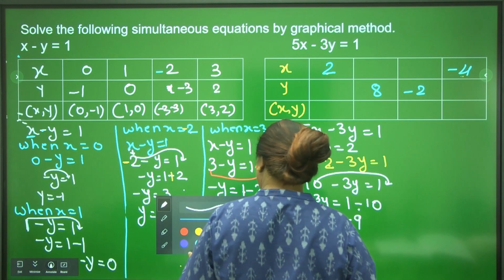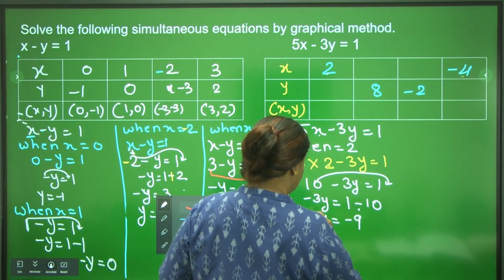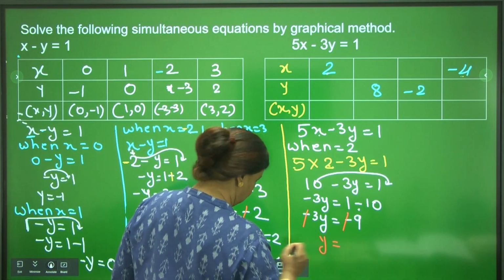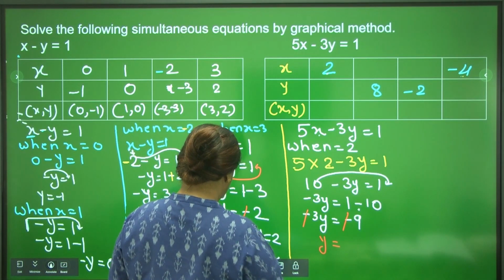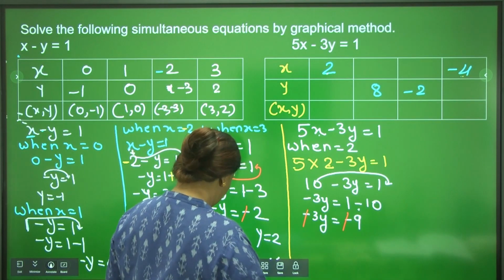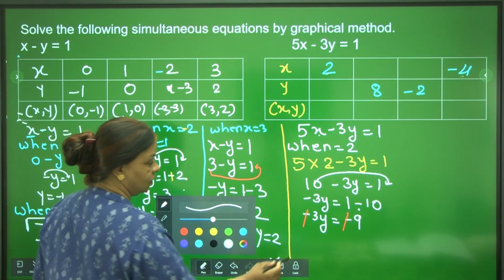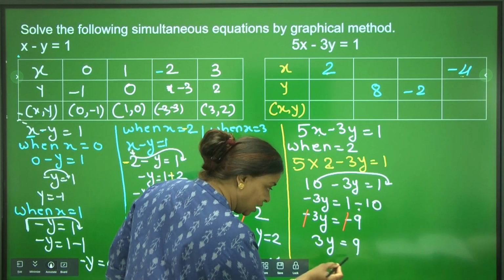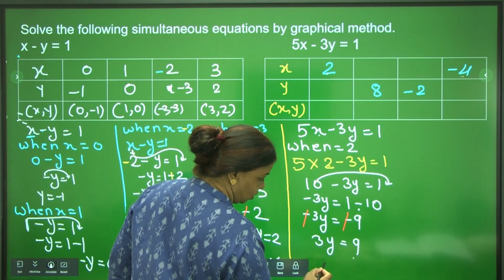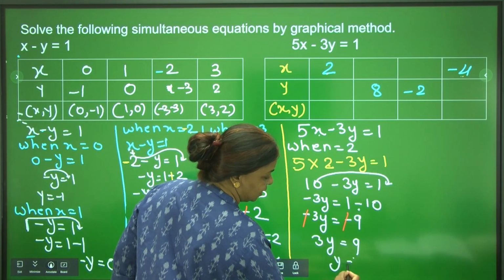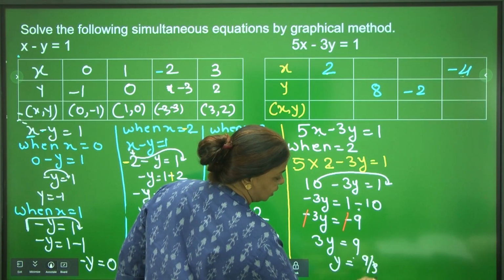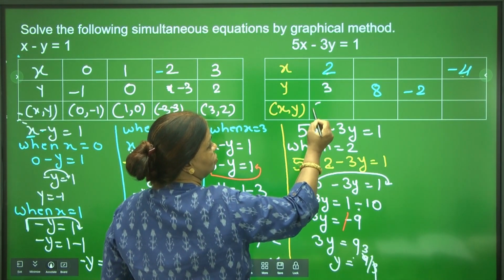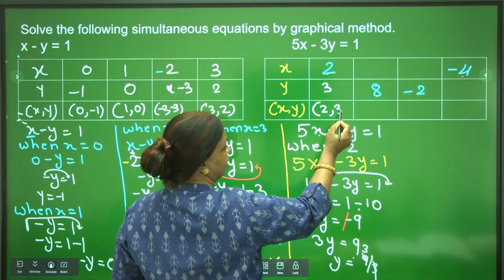And you see here both signs are minus, so minus and minus get cancelled, and 3y will be equal to 9, and 3 will come down. So in the next step y is equal to 9 upon 3. 3 3s are 9. So when x is 2, y is 3. So your coordinates are 2, 3.